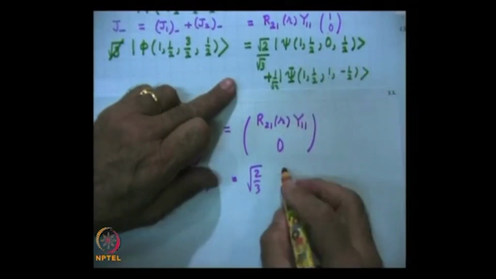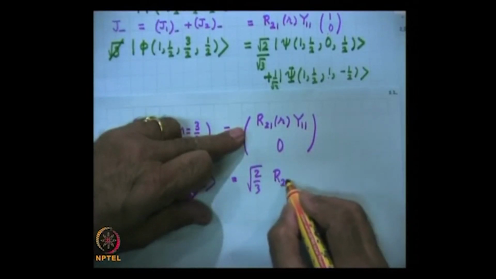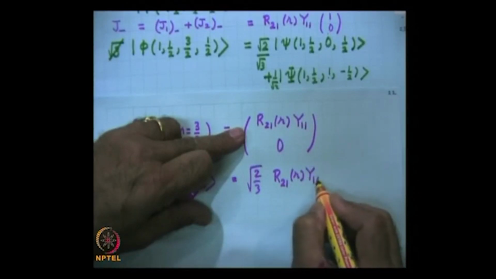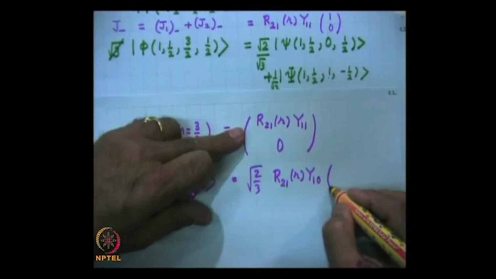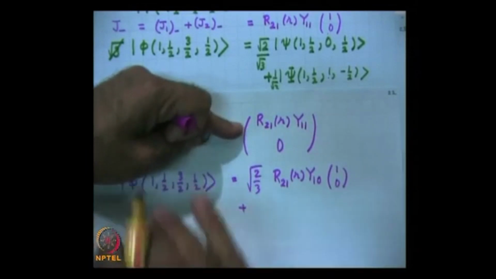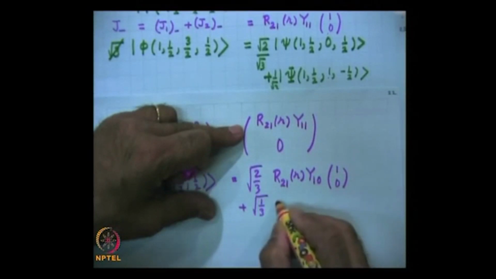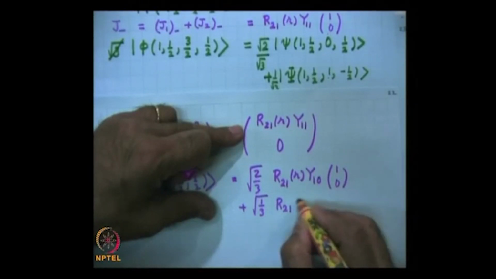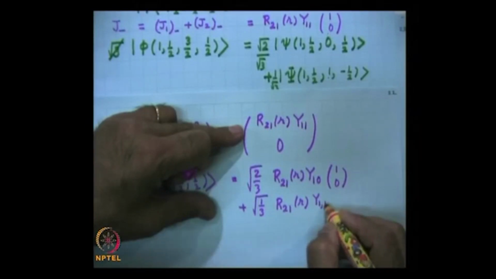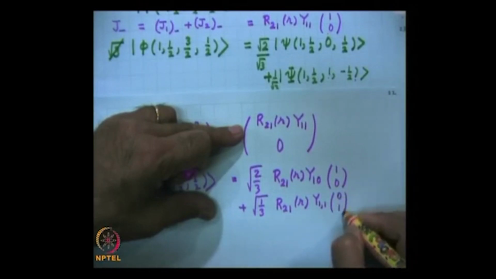So n is 2, R 2 1 of r, Y 1 0 and the spin up state, that is 1 0, plus square root of 1 by 3 R 2 1 of r, Y 1 1 and then the spin down state, that is 0 1.